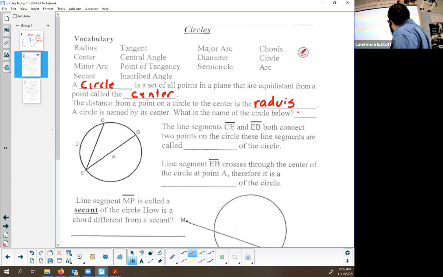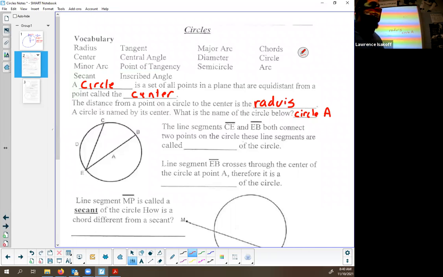This would be circle A. The line segments E to C and E to B contain 2 points of this. Okay, yep. So, sorry, it was a little light to read here. I know it's not the easiest to read. Again, that's why then we'll go into Zoom or just use the PDF in front of you.